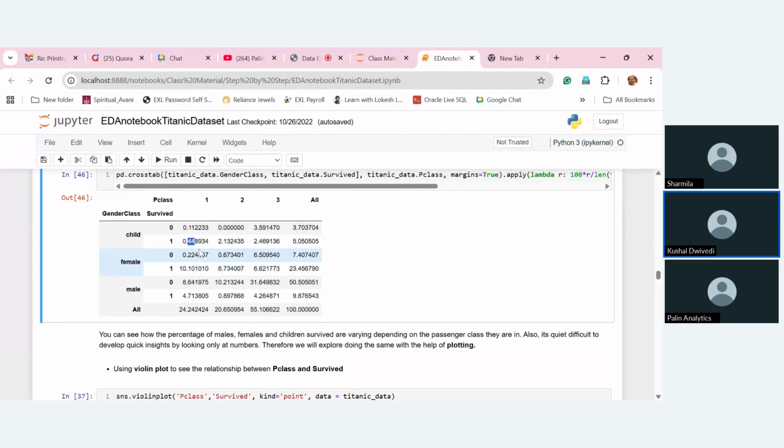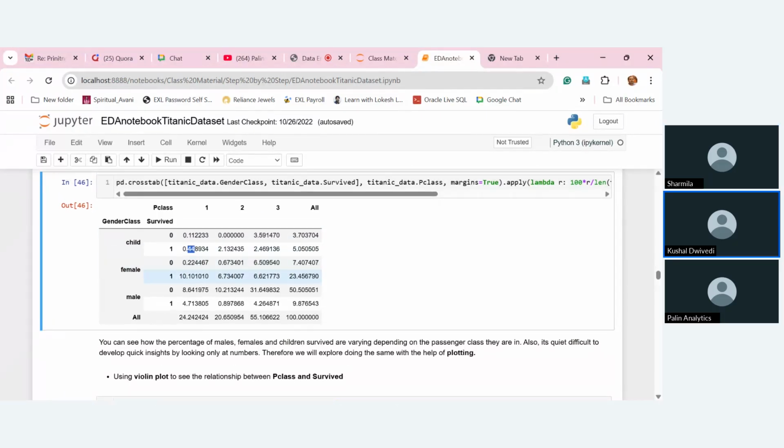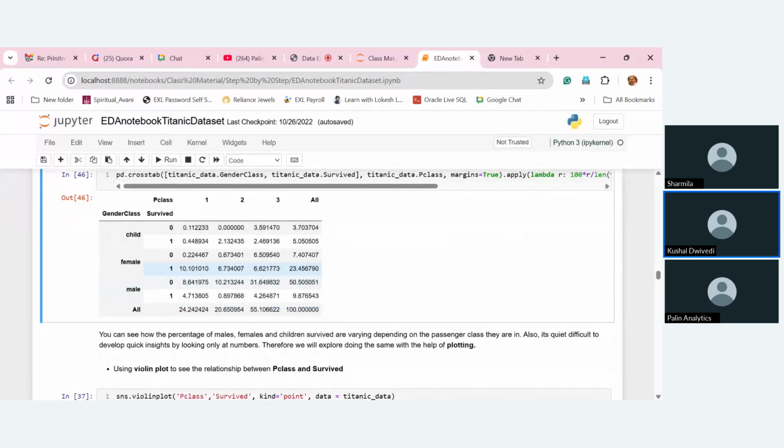And in this cross tab, females also have a higher chance of survival. Everywhere, in first class and second class, the survival chances are higher, but for children in passenger class three, the non-survival chances are higher.